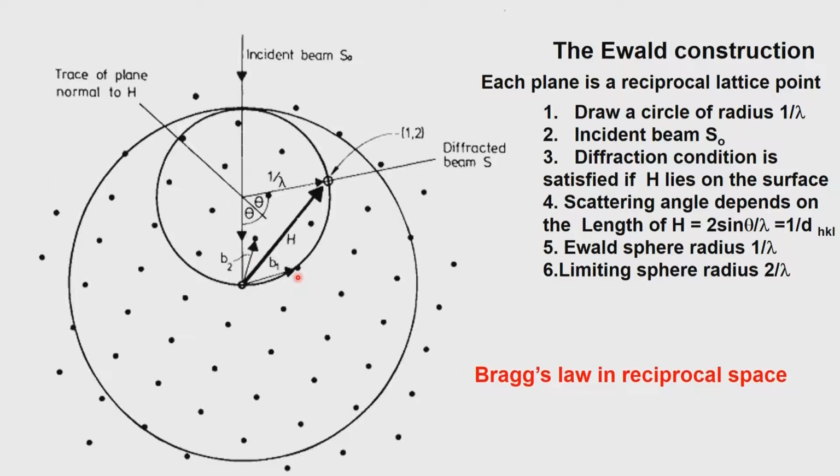So, b 1 and b 2 are the reciprocal lattice cell dimensions, or reciprocal cell dimensions. This is one direction, this is the other direction. We go up in this direction drawing these points, and these are all the points which lie along b 2. So, we have a b 1 and a b 2 defined, and this is the origin.